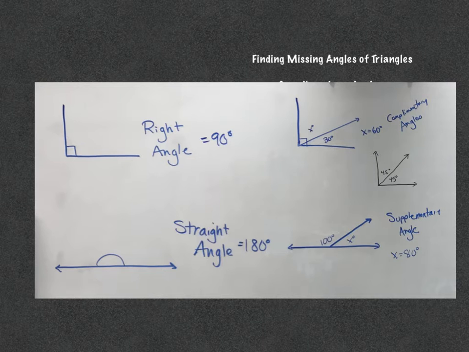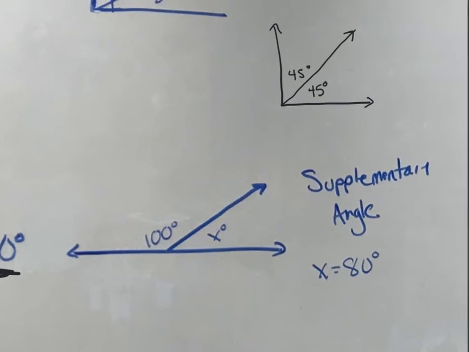Now, supplementary angles are the other ones. With supplementary angles, we have angles that add up to 180. So if we zoom in on this angle, we have 100 degrees and then our unknown over here. So 100 plus what equals 180, and it would be 80 degrees, okay?